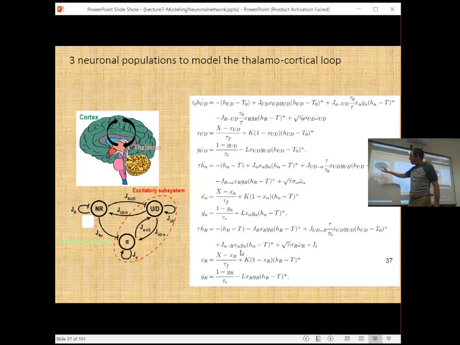But let's first look at how we model the cortex. We said the cortex and the thalamus, which is responsible, could be separated into three ensembles. One would basically generate some kind of alpha rhythm, a rhythm that would be constant.